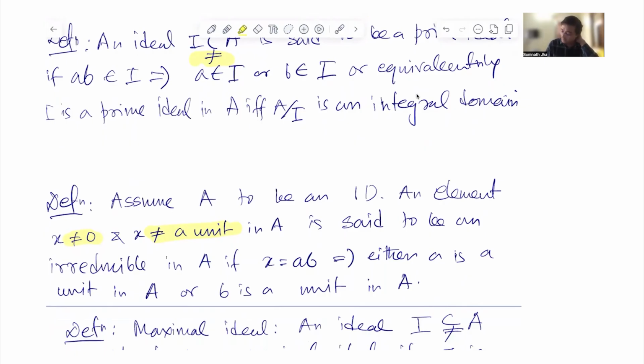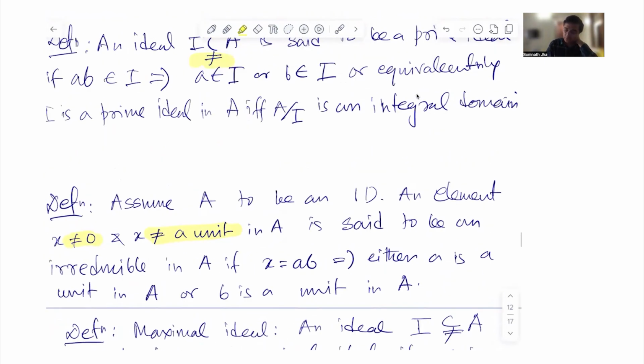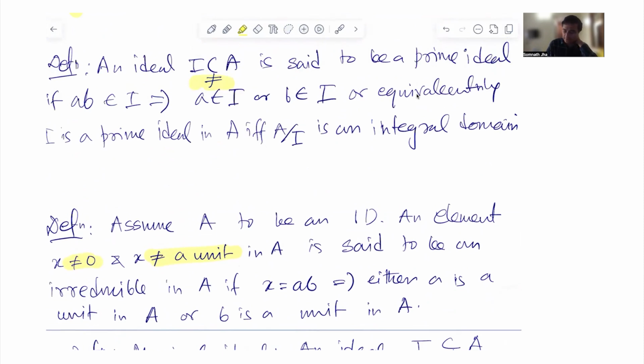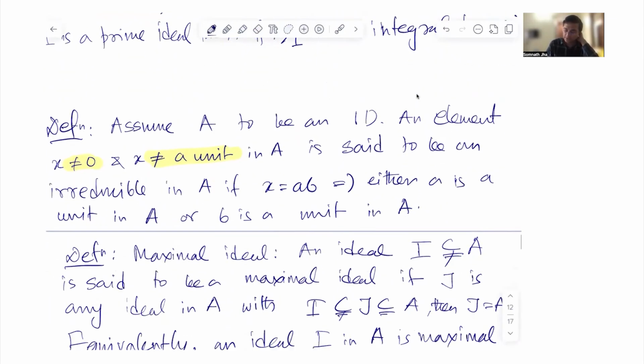For example, in Z, you cannot write 2 as some m times n unless the only way is minus 2 times minus 1, where minus 1 is a unit, or minus 1 times minus 1 times plus 1. So 2 cannot be broken further unless one of the elements you write is a unit.